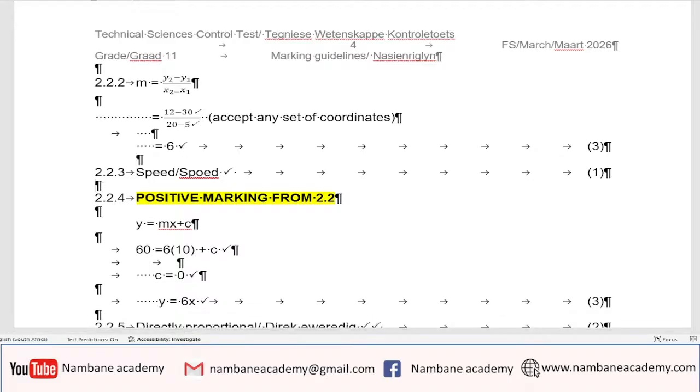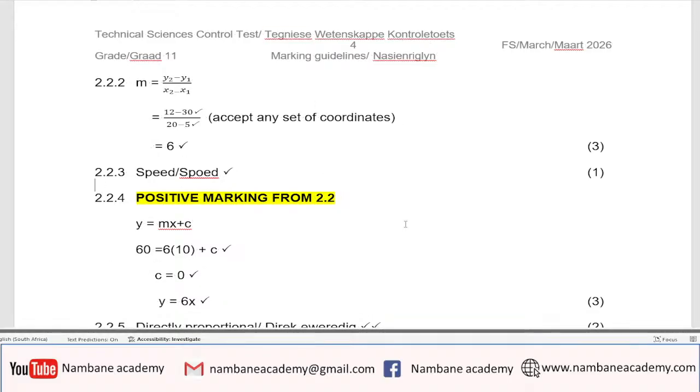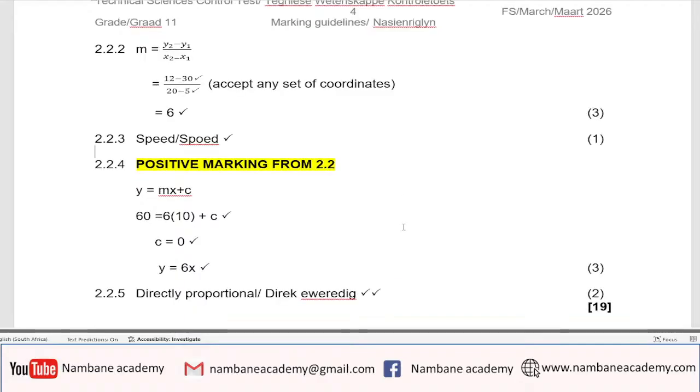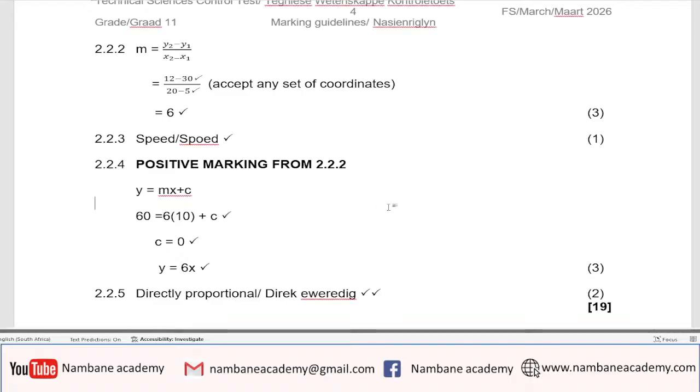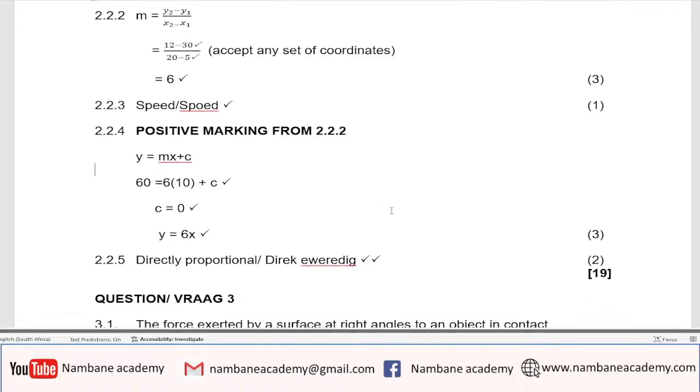They had to substitute using y is equal to mx plus c, the answer from 2.2.2. So it will be positive marking from 2.2.2, which they will then use here to substitute and get y is equal to 6x. In 2.2.5, what is the relationship between the time and distance values? They are directly proportional, and that will give us a grand total of 19.